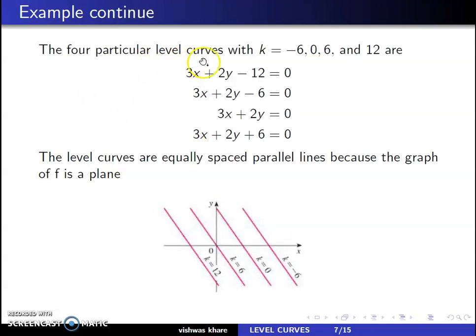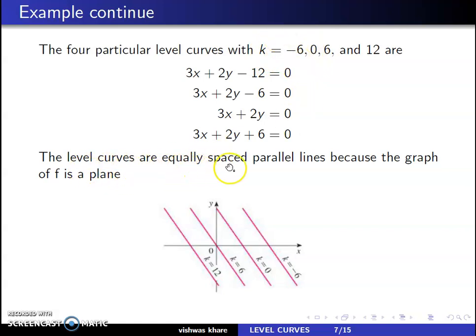The four particular level curves with k = -6, 0, 6 and 12 are 3x + 2y - 12 = 0, 3x + 2y - 6 = 0, 3x + 2y = 0, 3x + 2y + 6 = 0, by giving the different values of k in the last equation.